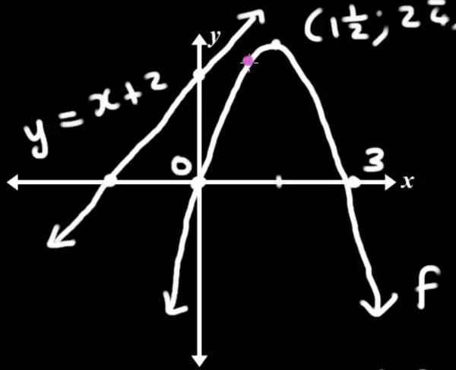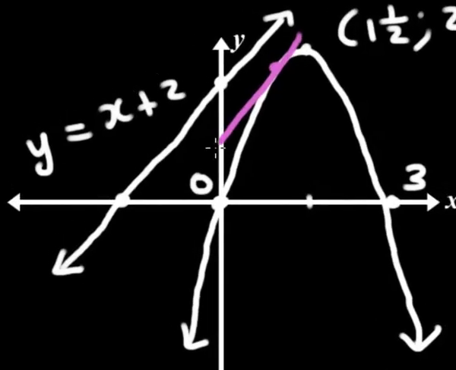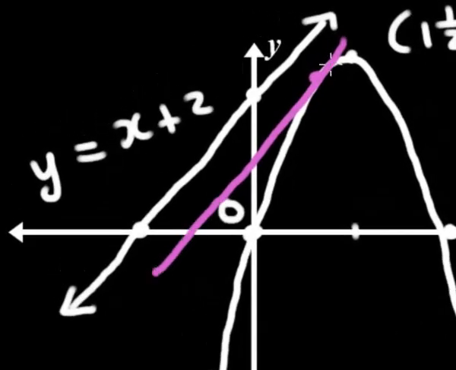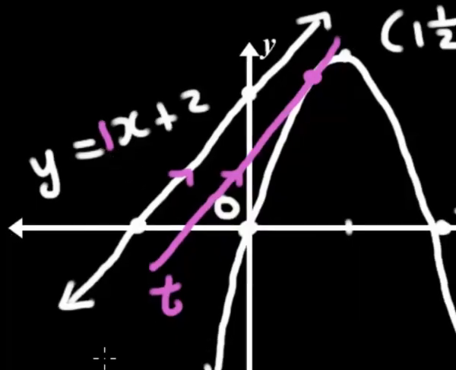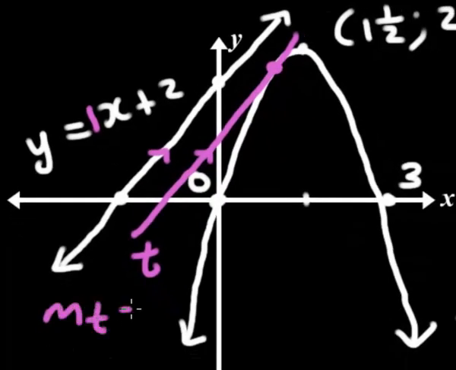If you take a tangent that's running parallel to the line y equals x plus 2, look at that, there's our tangent, cutting the parabola at that point. I don't know what it is, but it's running parallel to this line. And parallel lines have equal gradient. What is the gradient of y equals 1x plus 2? The gradient is 1. So we know automatically that the gradient of the tangent is 1.